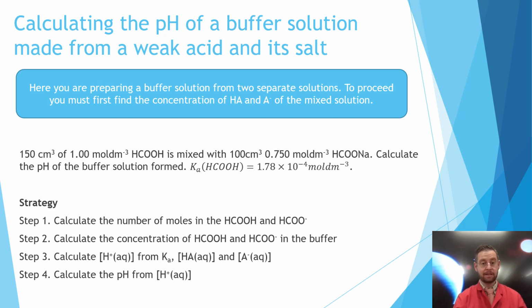Given that there are different volumes and different concentrations of the acid and the conjugate base, we first need to calculate the number of moles present in each of these volumes. Then we mix them together, and from the numbers of moles present in this new total volume, work out the concentration of the acid and the conjugate base in this mixed buffer, and then proceed with the same steps as in the question before.